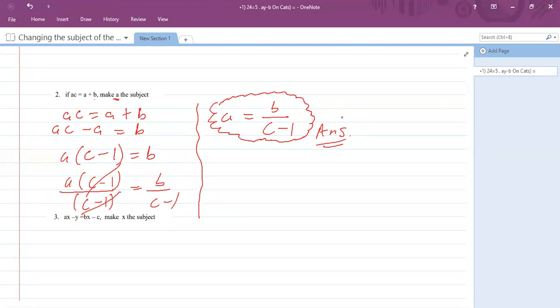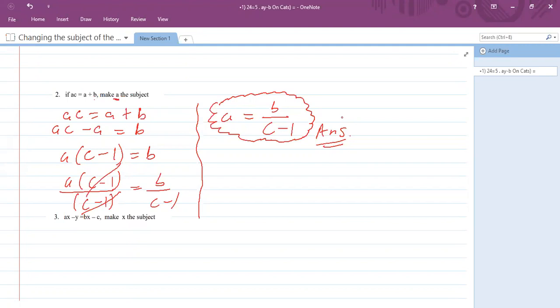That makes sense, guys? Sir, what if the A on the right side, like A plus B, what if that A was negative and you bring it over to the other side? It'll be positive, exactly, because you have to balance it.